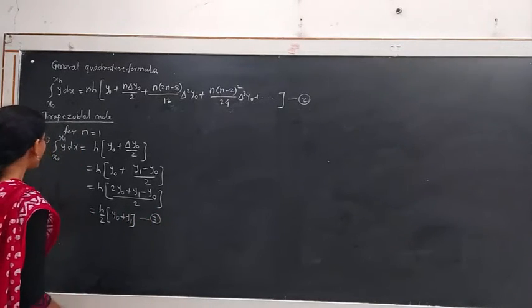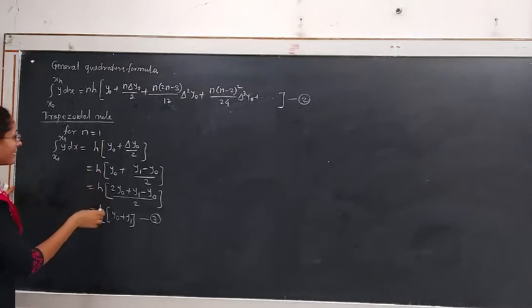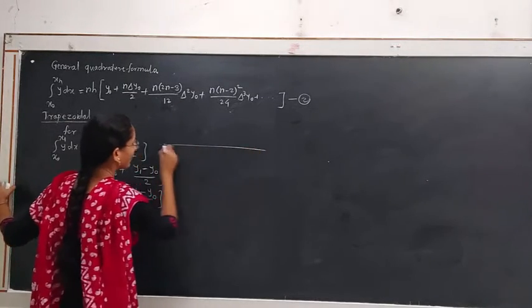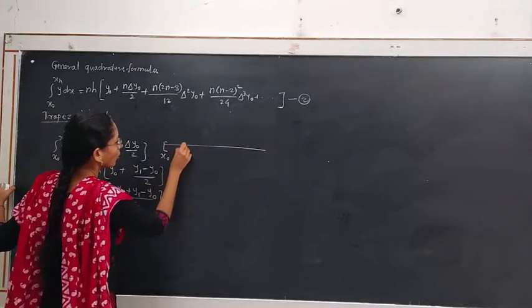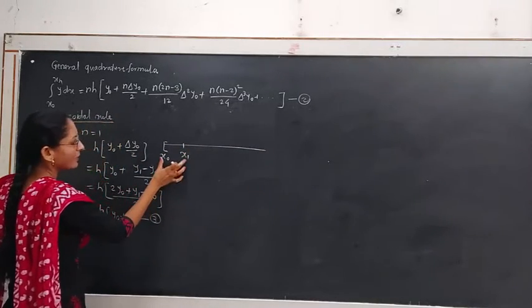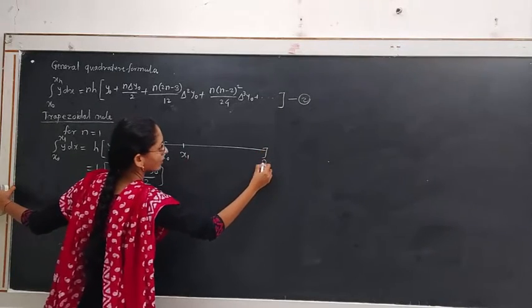If we put n is equal to 1 and we integrate the same function over the second sub-interval, we have integrated the function over the first sub-interval, namely x0 to x1.